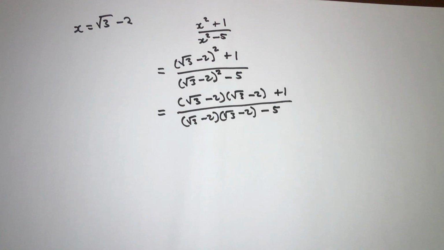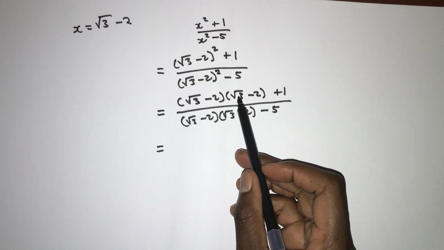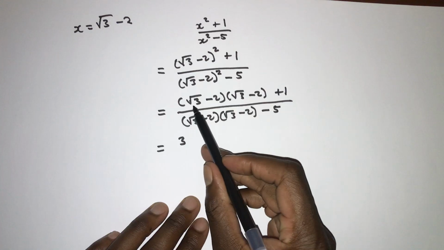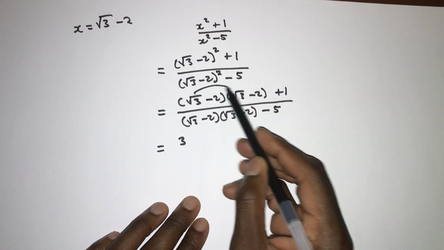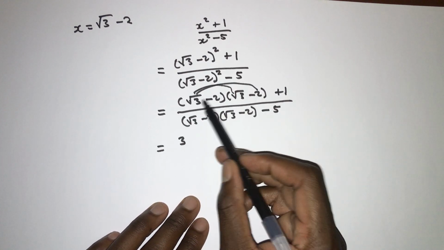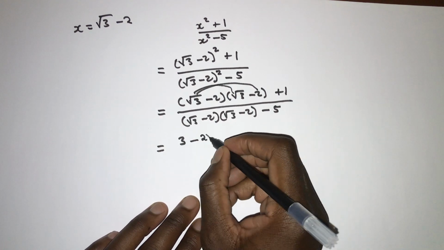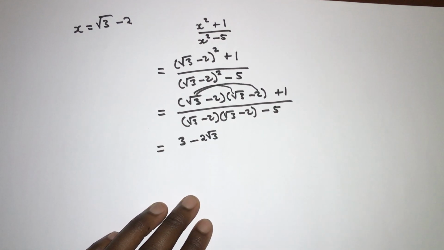Just expanding them so that it can make life easier. From here, root 3 times root 3 is the same as 3. Root 3 times negative 2 is negative 2 root 3.